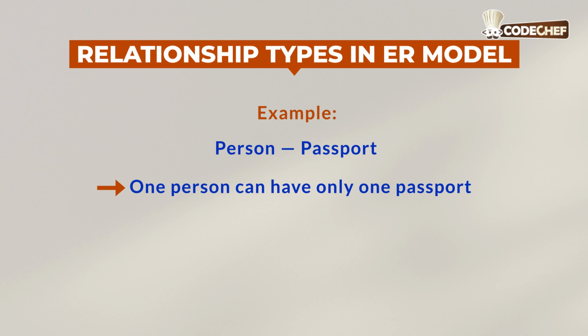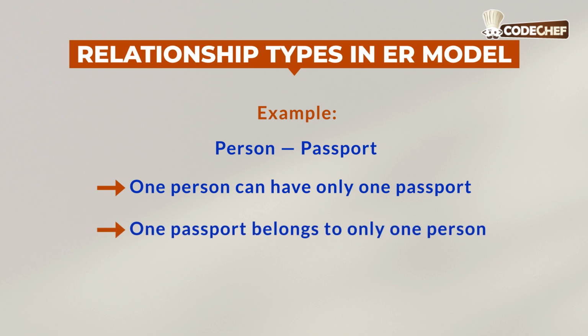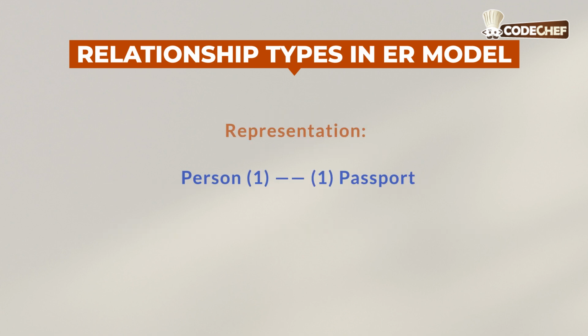Now if you see, one person can have only one passport and one passport belongs to only one person. So both the entities, person and passport, are connected using one-to-one relationship. One person can have only one passport and one passport can be owned by one person only. And here you can see how to represent this one-to-one relationship between person and passport.